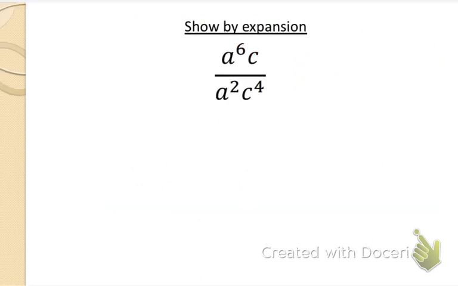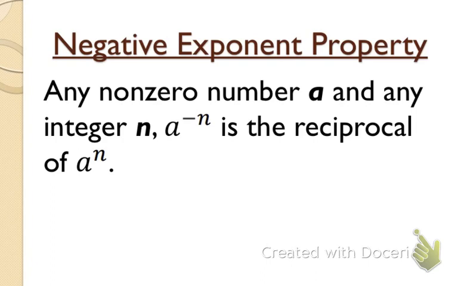Well, that brings us to this property, the negative exponent property that says any non-zero number, so any number as long as it's not 0, raised to the negative n is the reciprocal of a to the n. So what does that mean?